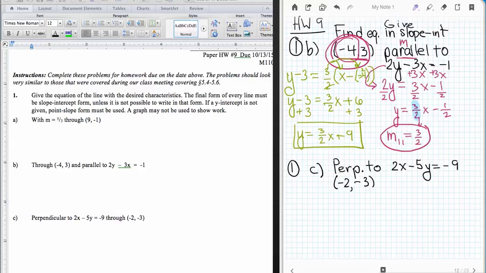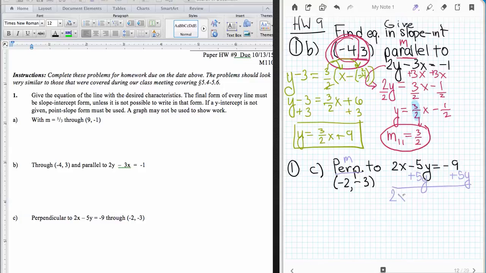So if I'm perpendicular to a line, that's telling me again, perpendicular is telling me about slope. So I need to solve this line here for y so I can get the slope. So I'm going to actually add 5y to both sides so that I get the y to be positive. Now, you don't have to do it that way, but that's just the way I'm going to do it.